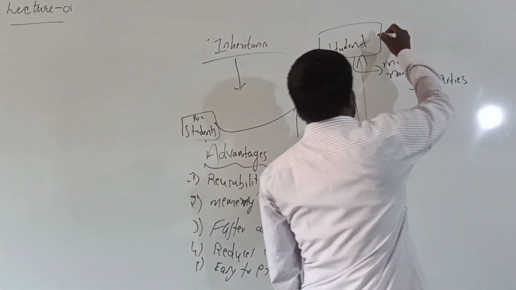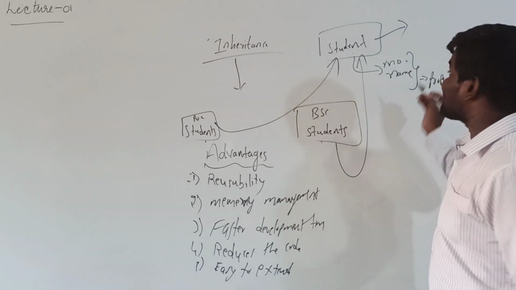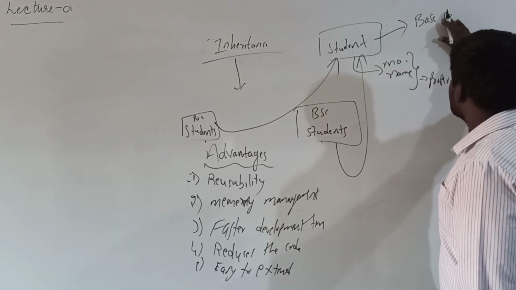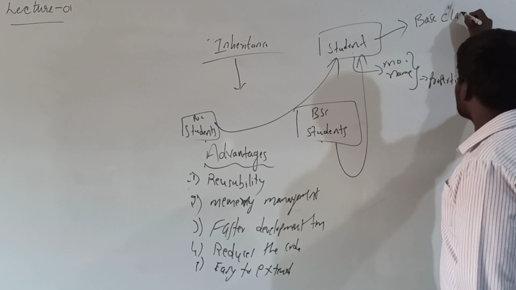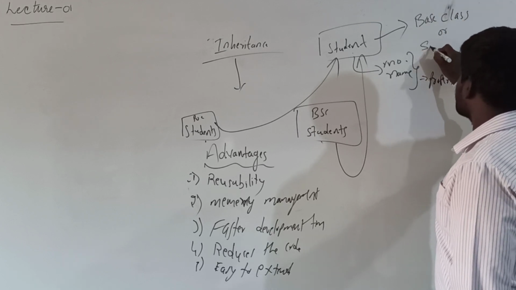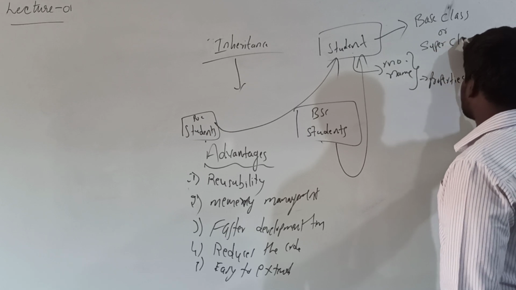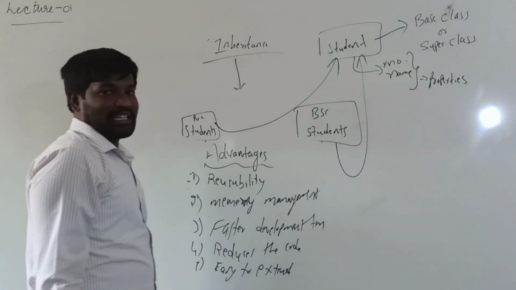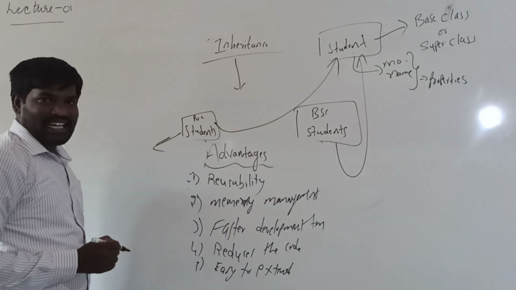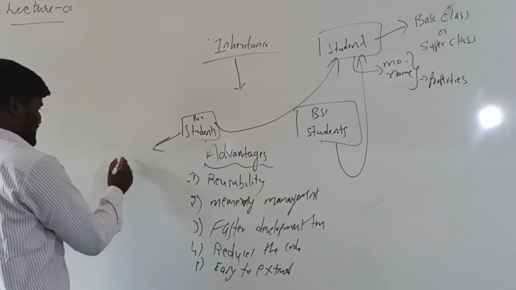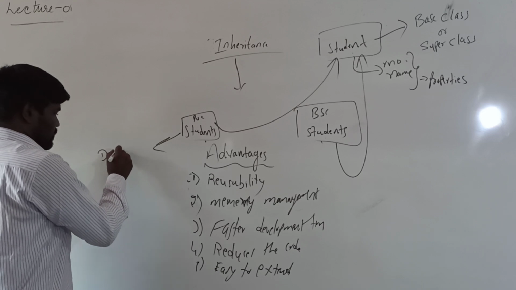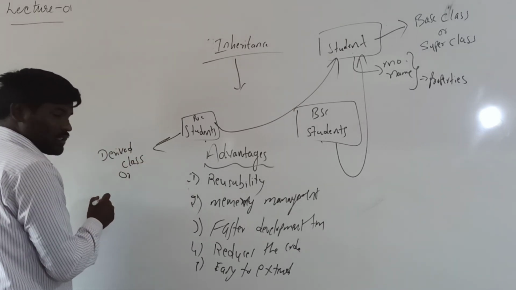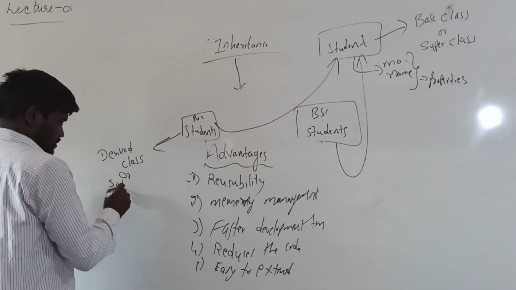The existing class or the first class is called the base class, or it is also called the super class. The second class, the new class, is called the derived class or subclass.